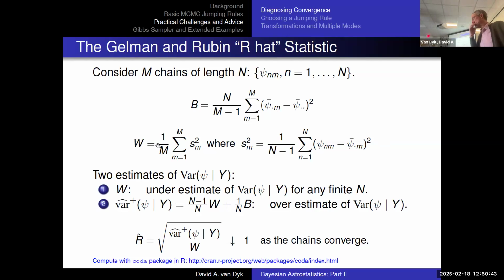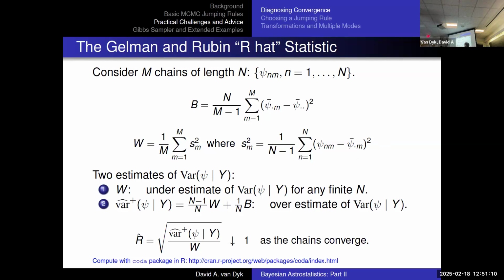Then, because I'm starting from far away parts of the parameter space, the chains start out far apart and they come together. So especially this between-chain estimate should start out being an overestimate. Then as the chains run, they come together and that variance gets smaller.